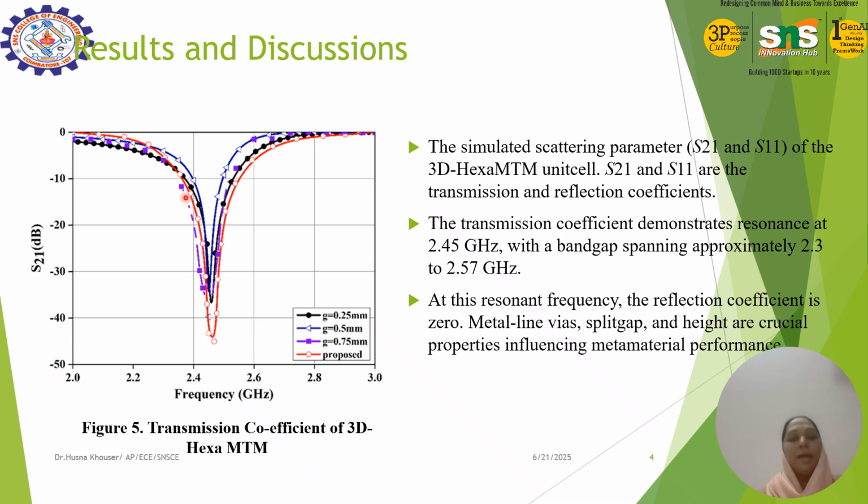There is a band gap of 2.3 to 2.57 GHz, which is ideal for IoT bands, and at the resonance the reflection is 0. The metal lines and split gaps, along with the height, play a crucial role in defining the properties, making the structure resonate at the particular band gap.